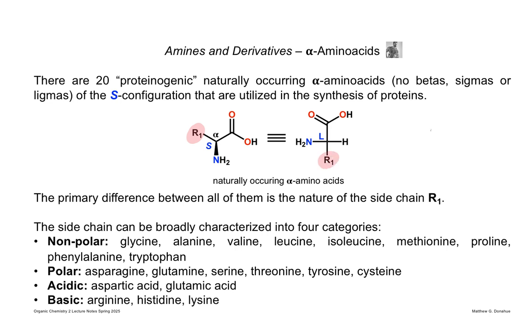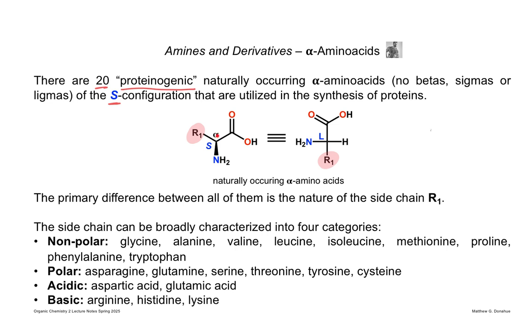So nature uses 20 what are called proteinogenic amino acids. There are unnatural amino acids that can be found in trace amounts, but these are the 20 common building blocks for making proteins. And it turns out that living organisms on this planet, I'm not speaking for other planets because we don't know, we all use the S amino acids.